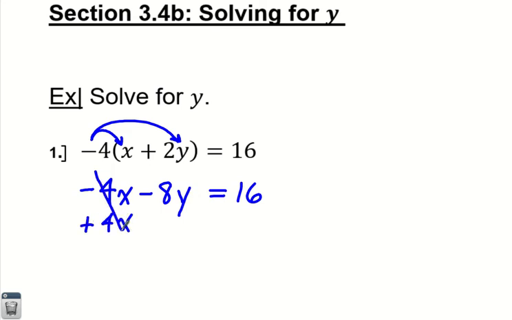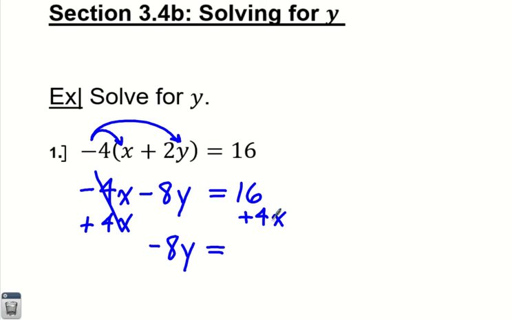We start by getting rid of this separate -4x term by adding 4x to both sides. That leaves on the left side -8y. And again, just like last section, 16 plus 4x, those do not combine together.